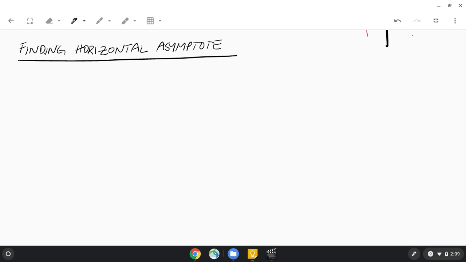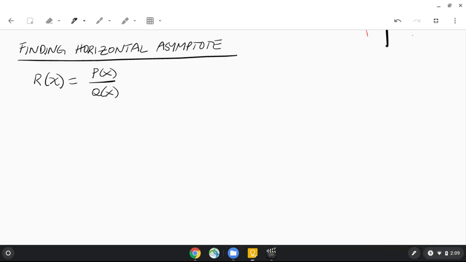Okay, all right, so suppose that you have this rational function. So maybe you have a polynomial up on top and a polynomial here on the bottom.